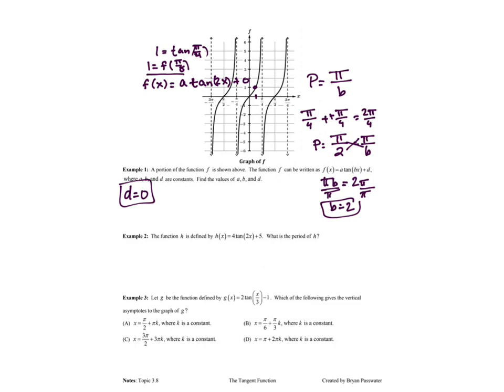That's a point I can see on the graph. 1 is equal to a times tangent of 2 times pi over 8. So 1 is equal to a times tangent of, what is 2 times pi over 8? Pi over 4. Well, that's what it says on the parent function. So a has to be 1. It didn't change.